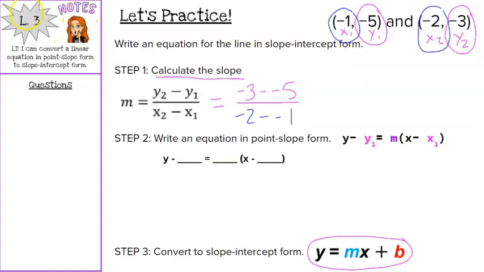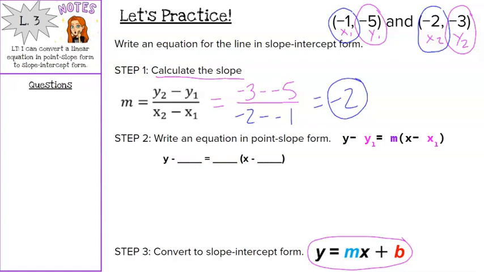Now remember, we can use our calculator to calculate the slope, so I would like you to do that right now and check your answer in Edpuzzle. So when you did that, you should have gotten negative 2 for your slope. Now we want to write an equation in point-slope form.